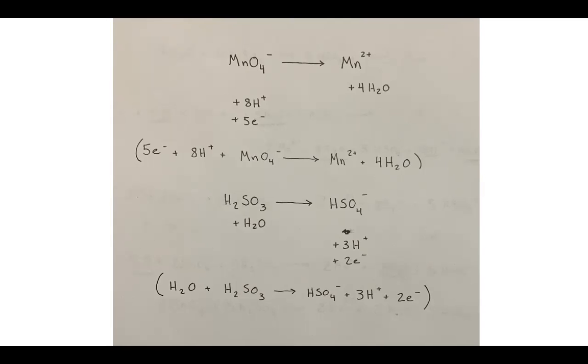There's a +3 charge from the protons, but a -1 charge from HSO4 minus, and so a total of +2 charge. And so we add 2 electrons to the product side for charge to balance. And again, in parentheses, I wrote all my reactants going to all my products, my balanced half reaction. Before moving on, are there any questions on how to balance those 2 half reactions?